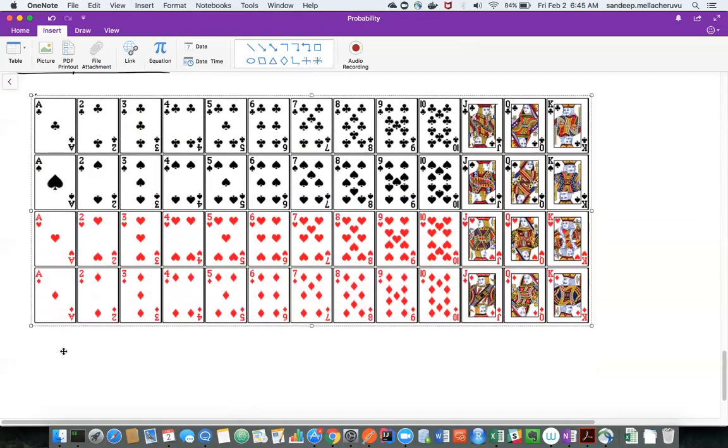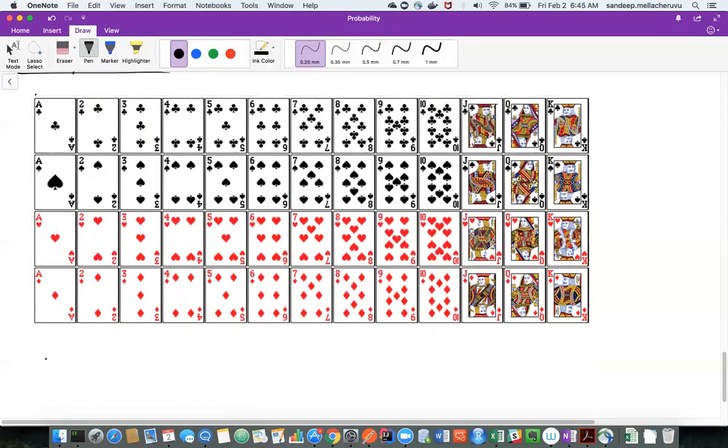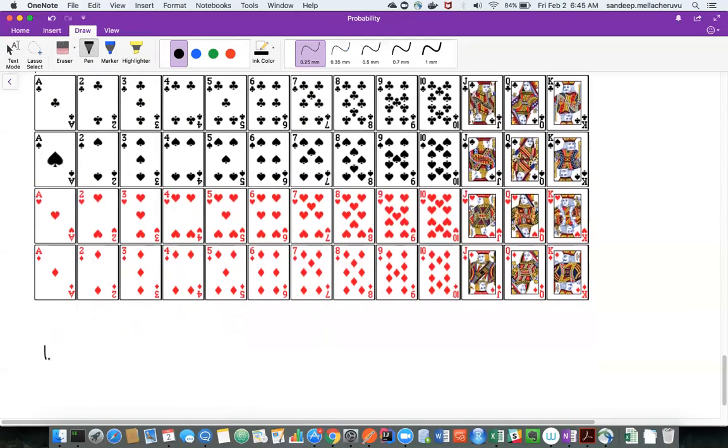Okay, so based on this, we'll have some problems, and we'll see how these probability definitions work, especially to calculate simple probabilities. I'll ask one of you to solve these problems.